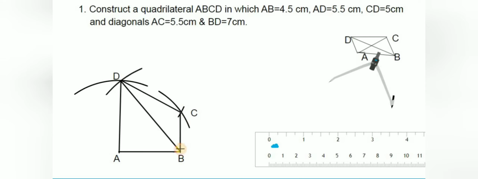Look at this. This is the given quadrilateral. What are they asking? A, B, C, D, and two diagonals BD and AC. They are given AB, AD, CD, and AC and BD.